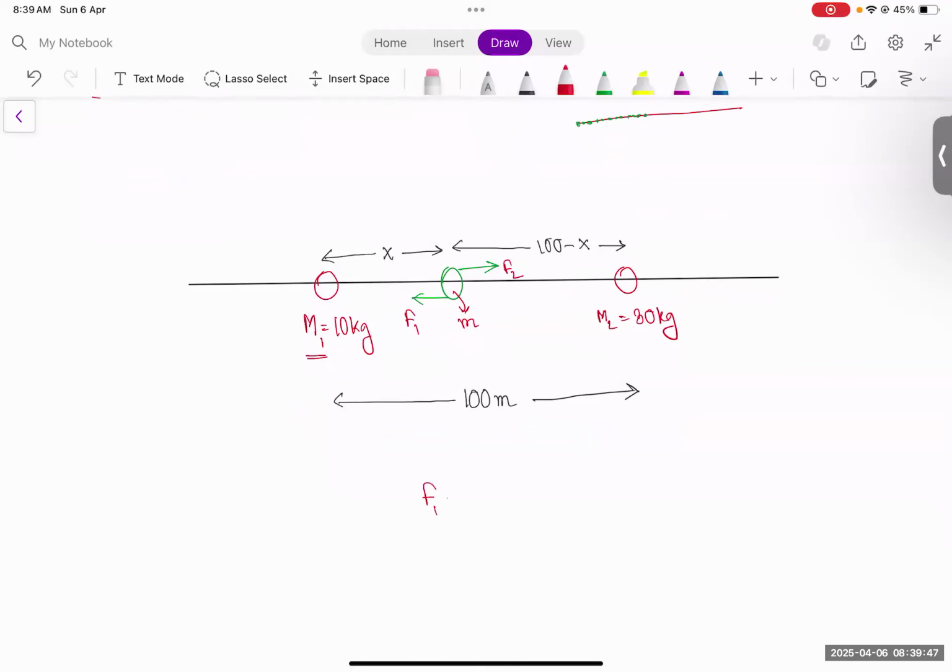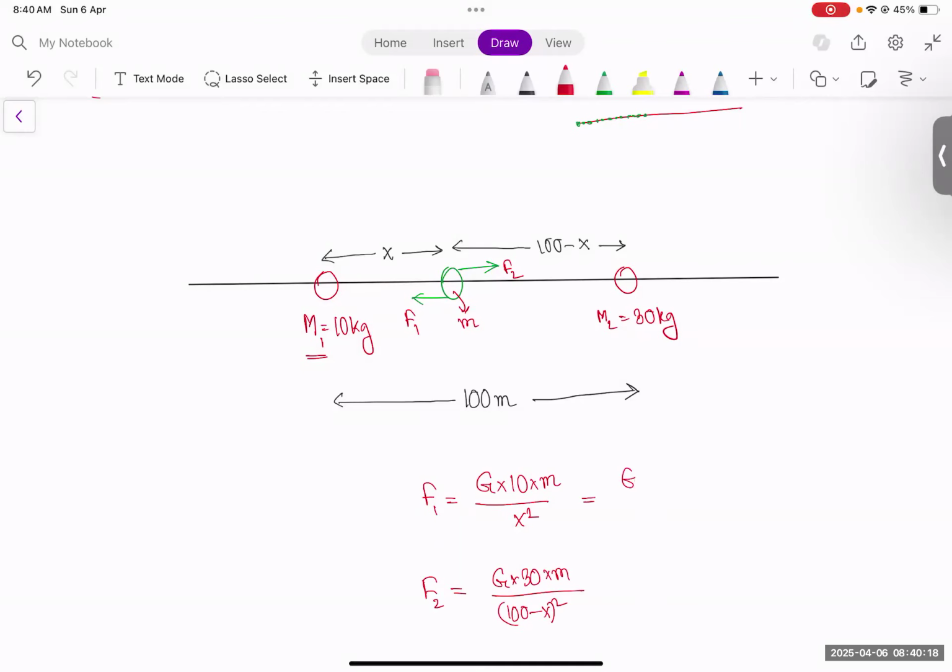So F1 will be G, we're just working with the values, no directions. G times 10 times m divided by x squared. Similarly, F2 will be G times 30 times m divided by (100 minus x) squared. And then at equilibrium, since the question asks us to find the point where it will not feel any force, we basically set them equal to each other.